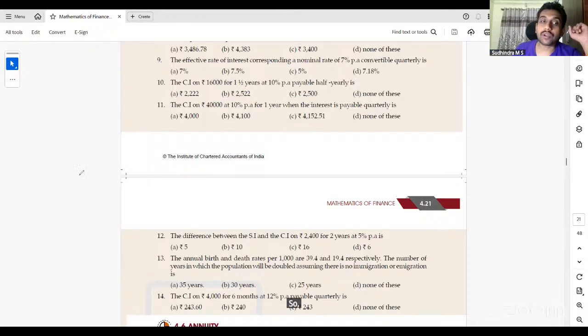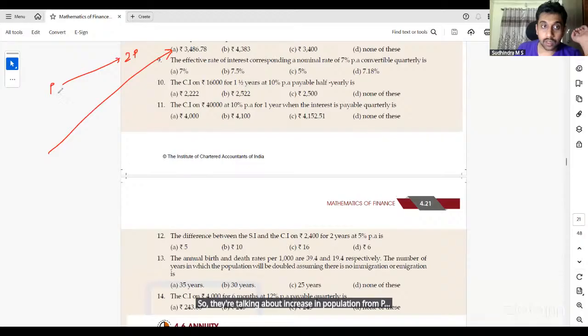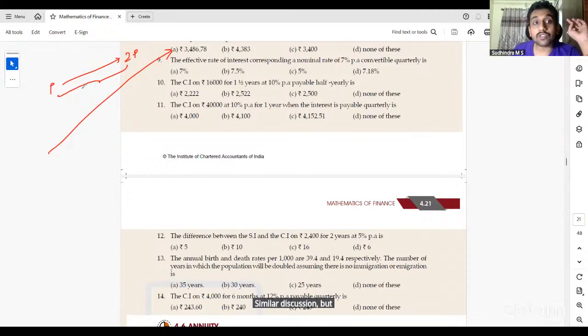So they're talking about an increase in population from P to 2P. One of the previous questions we solved was similar, but there they had given us a 2% increase. So they had given us the rate of increase. Here, have they given us the rate of increase?